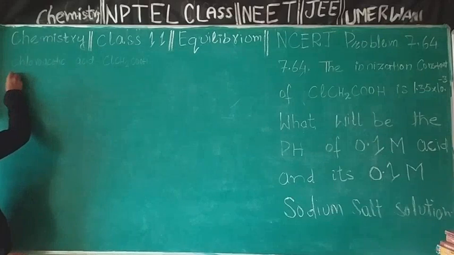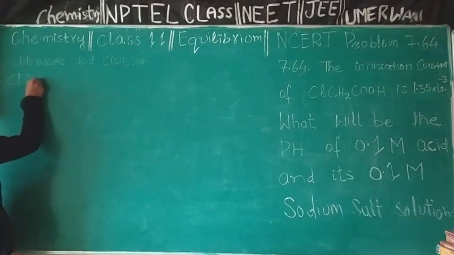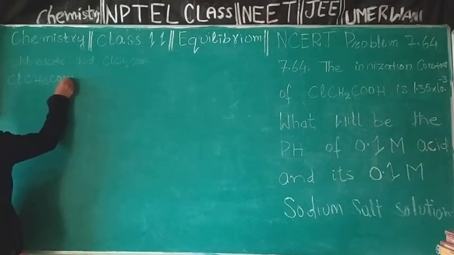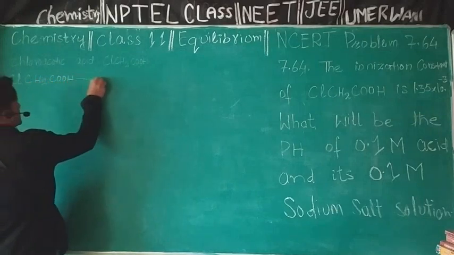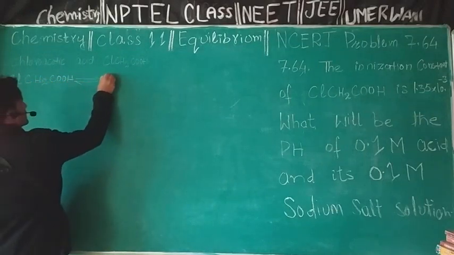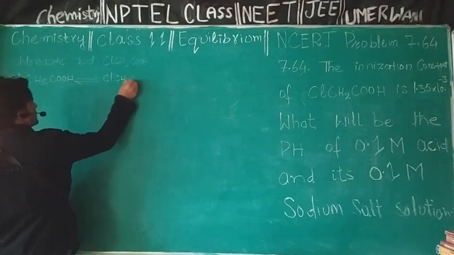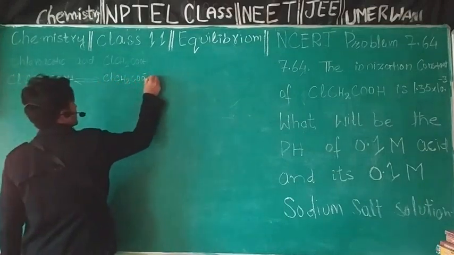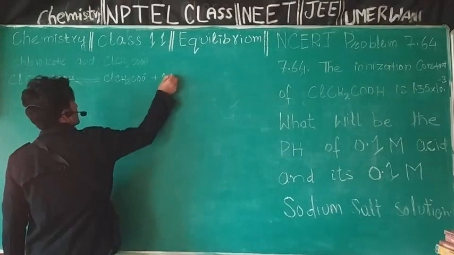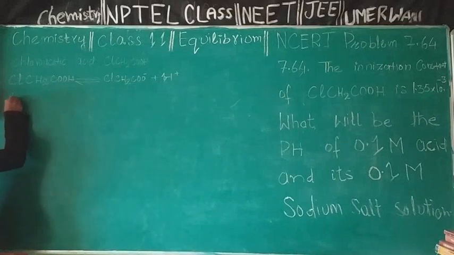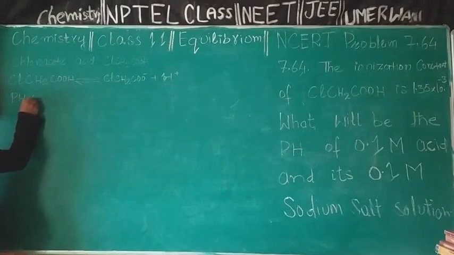Its ionization we will show like this. It will undergo ionization like this. It will give chloroacetate ion and H positive ions. And because of presence of these H positive ions, its pH will be less than 7, which we need to calculate.